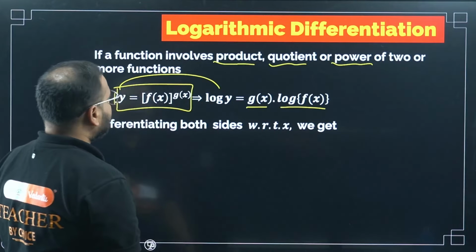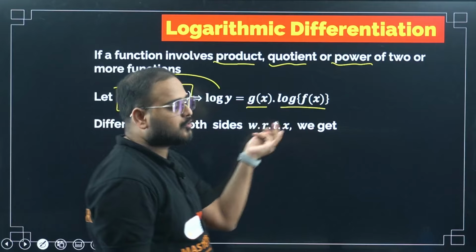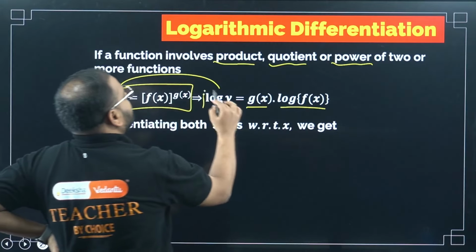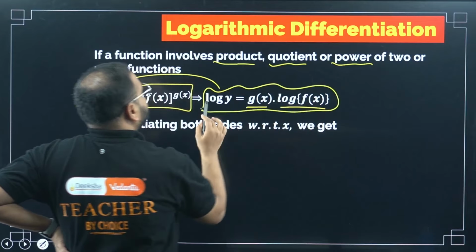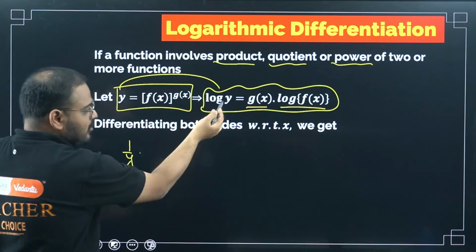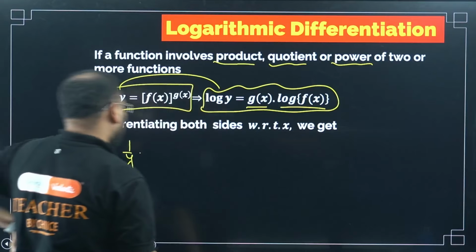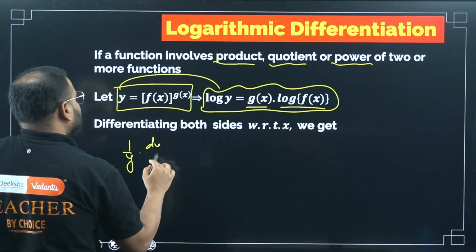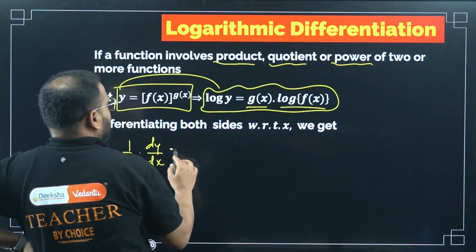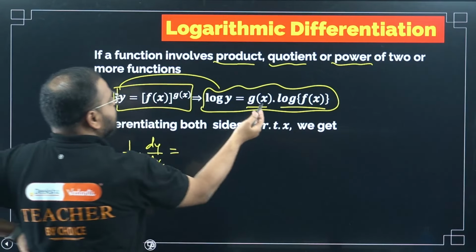Okay. Now, if I have to differentiate this on both sides, how will this look? Which will I differentiate? Obviously this part. 1 by y. Log differentiation is what? 1 by y, and again y is not there, so I have to write dy by dx. Correct? Equal to, what will this be?